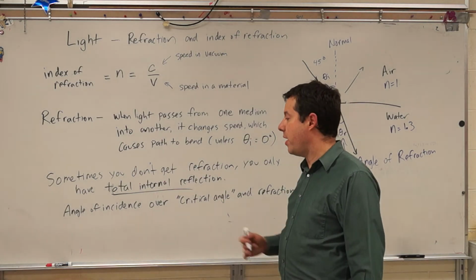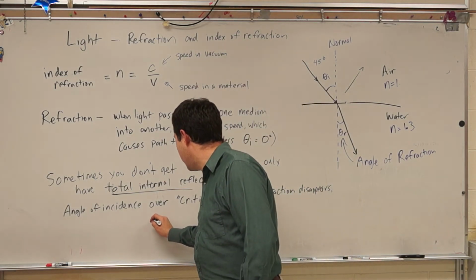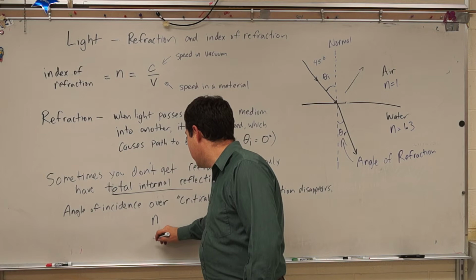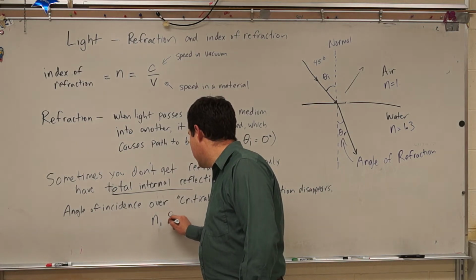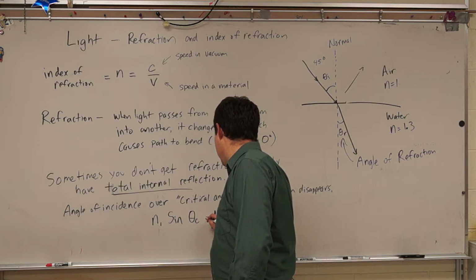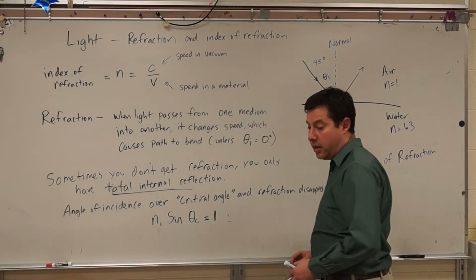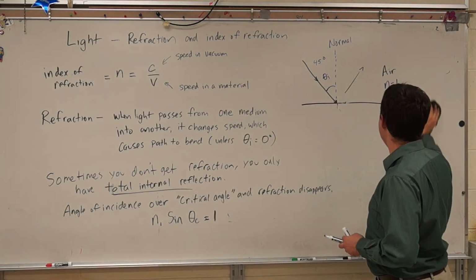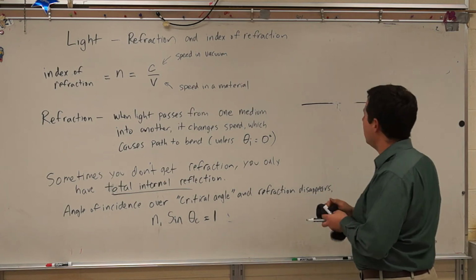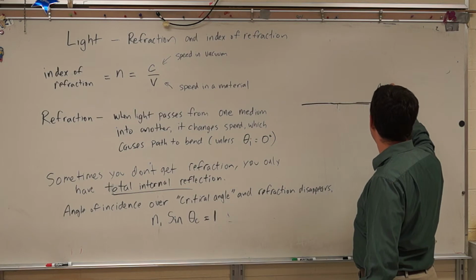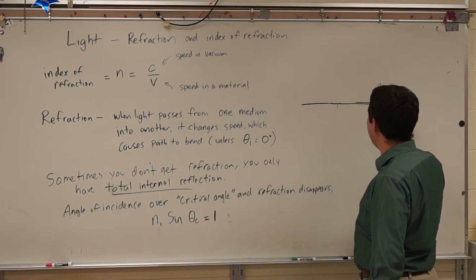And just a simplified way to find this is what you end up getting is, I'm going to call it, n1 sine of your critical angle, theta c, is equal to 1. Meaning if you have material that comes through, it's only going to work in certain situations, like it won't work when you're going from air to water, but it will work when you're going from water to air.